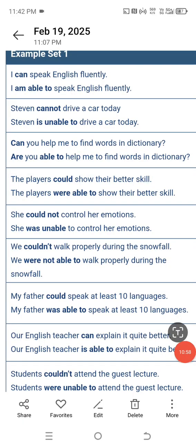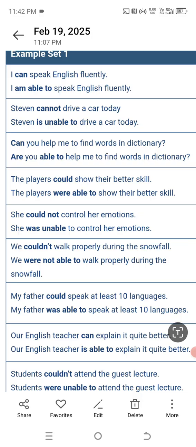In this way, students, so many examples are given here. The first one we are going to see: I can speak English fluently. Here, how to use able to, the answer is already given. First begin the sentence as it is, means there is written I, and then, the example of can, when can came in the sentence, while we are going to use able to in the sentence, that time we should take the to be's correct form after the subject.